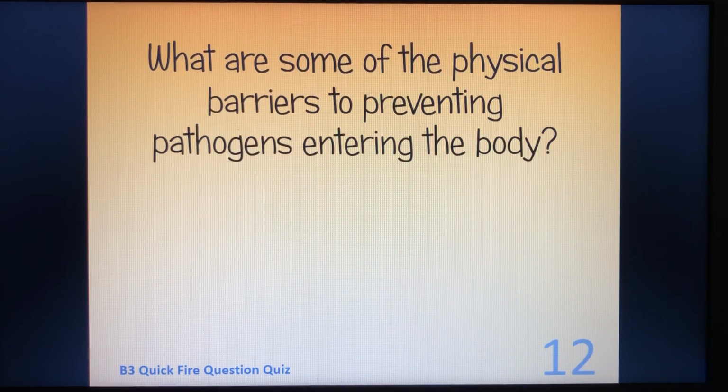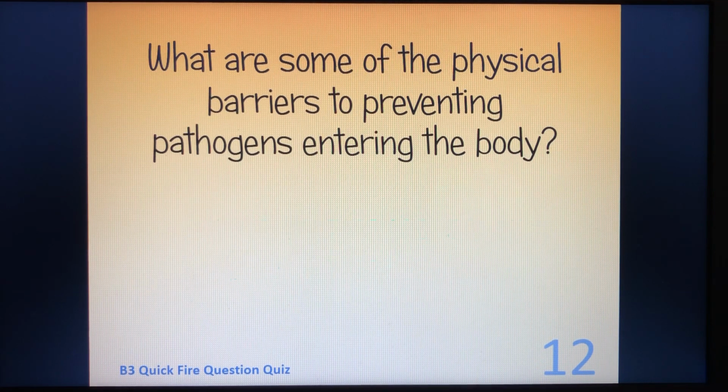Question 12. What are some of the physical barriers to preventing pathogens entering the body? Again, multiple possible answers here. Think about those sorts of things that stop the pathogens actually getting into the body.